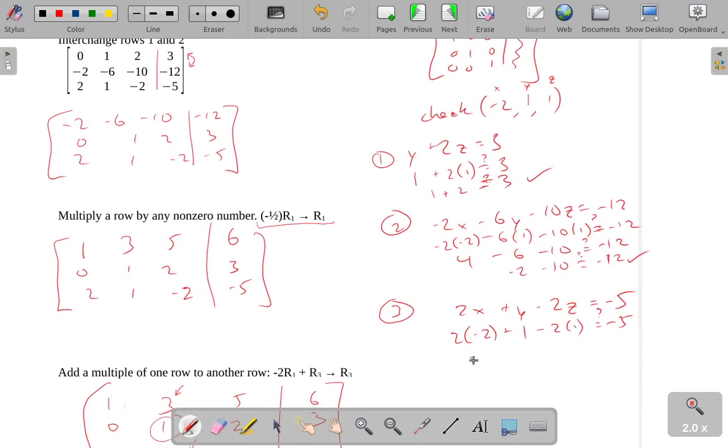So we get -4 plus 1 minus 2 equals -5. This is -3 minus 2 equals -5. That's a true statement. So you can see this point does actually satisfy all three equations that are represented by that augmented matrix.